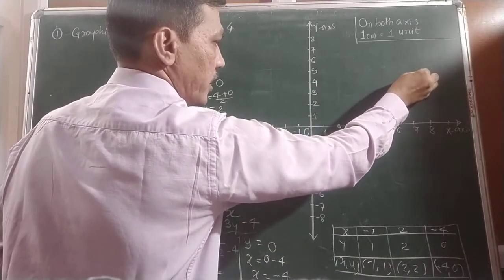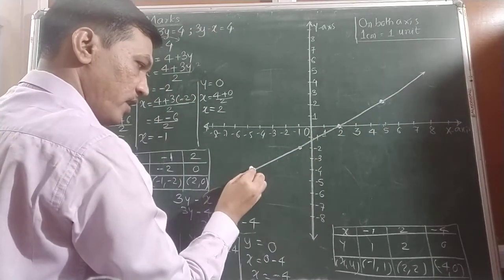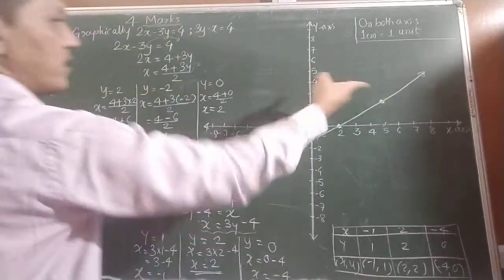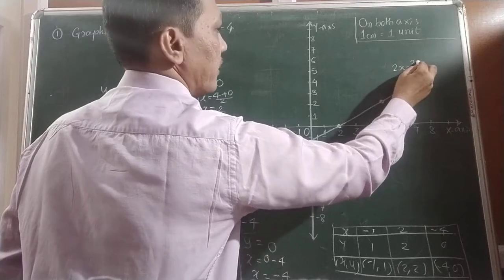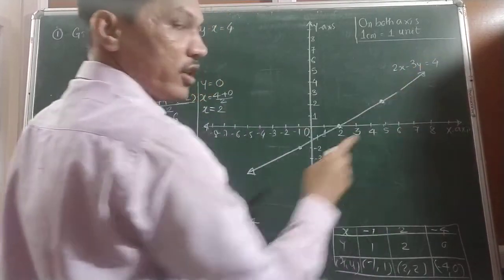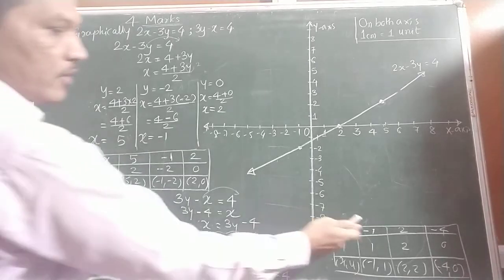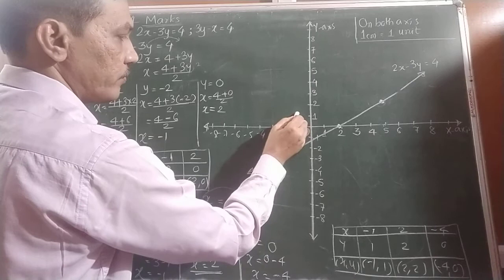Now I know they are in a single line. So draw a line with the help of a scale, and without fail write the equation here at the top. What is the equation? 2x minus 3y, the original equation. This is the original equation. Now the second equation, second line. Minus 1, 1. Minus 1 x, y 1.